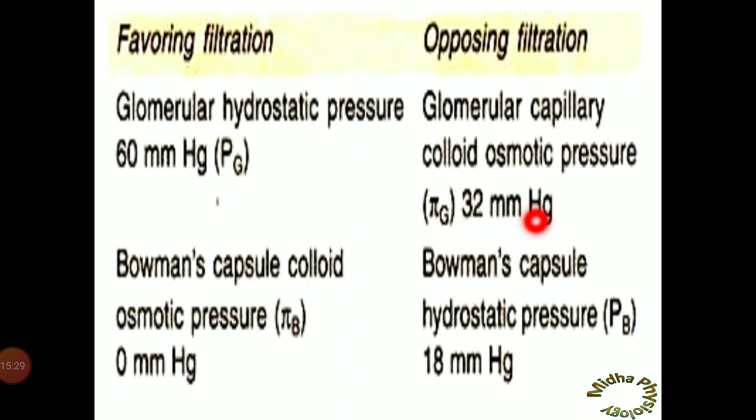The other factor which opposes the filtration is the Bowman's capsule hydrostatic pressure. If the Bowman's capsule hydrostatic pressure is elevated, the filtration process may not occur properly, because the ultrafiltrate would have a hydrostatic pressure higher than that of the capillary, due to which the filtration of the blood from the capillary into the Bowman's space would be difficult.